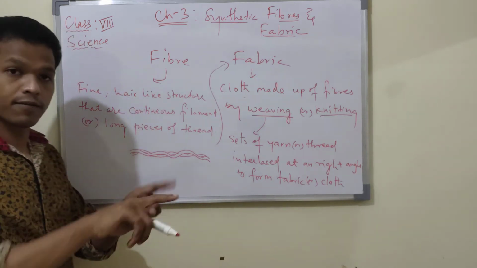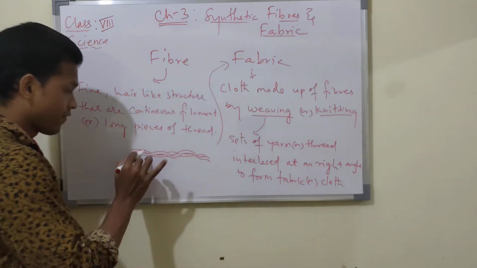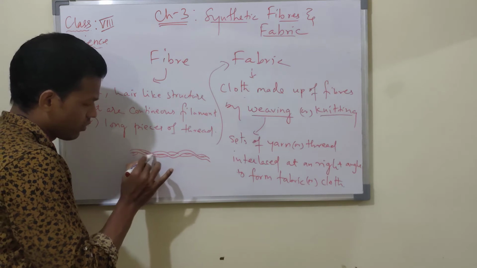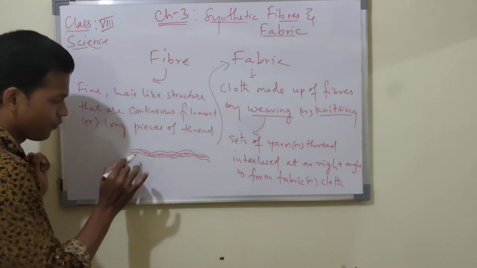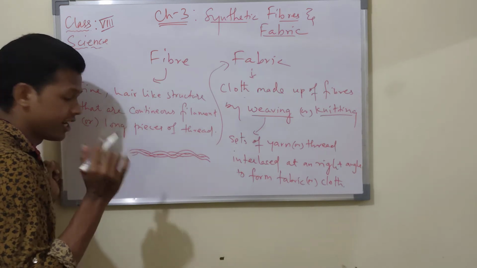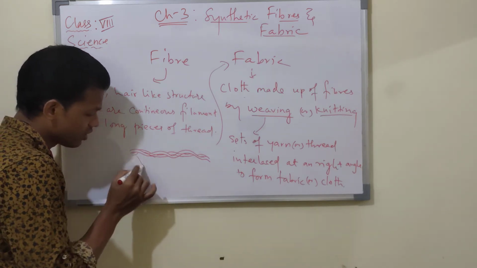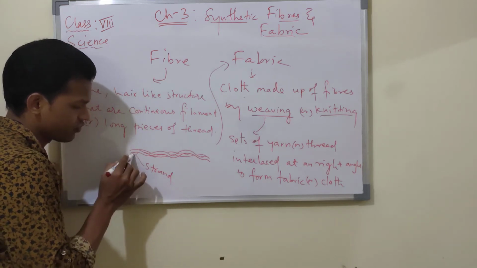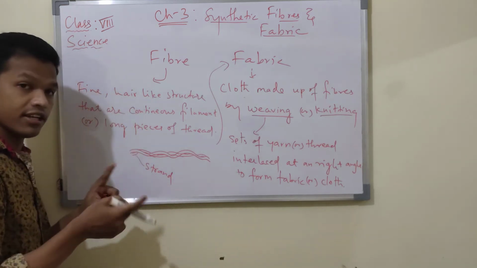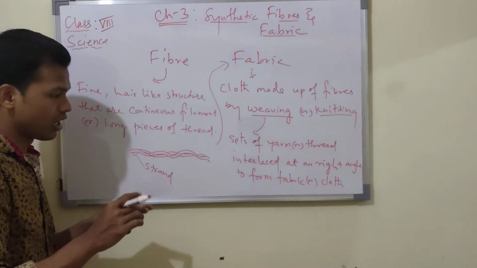So they are kept like this. So these are called what? If you closely observe a thread in a rope, you will find this is a strand. Two strands are interlaced along with the length.